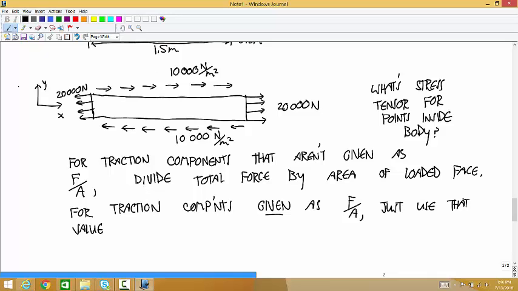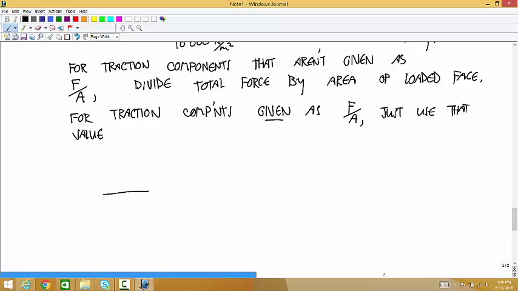Oh, and I didn't say this explicitly. What makes this a member that's loaded like a stress element? Well, the loading pattern just satisfies all the requirements of a stress element. In a stress element, if you have a shear stress like this, you know you have to have a shear stress like this.